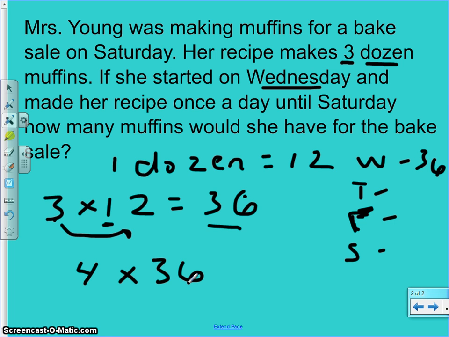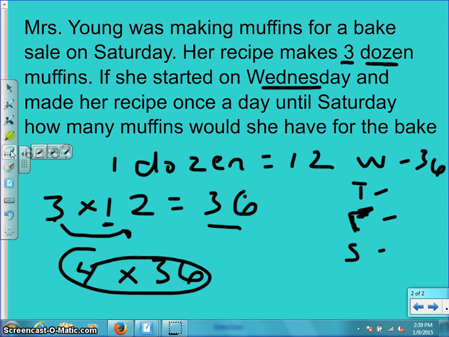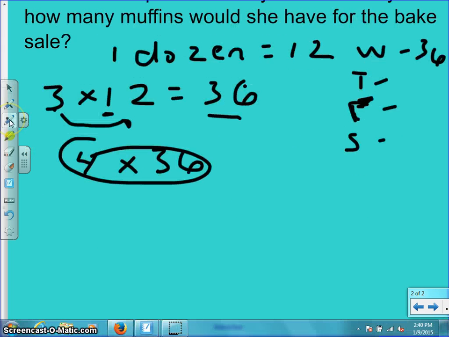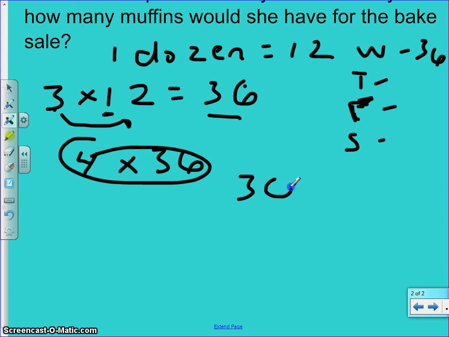I'm going to break up 36 to solve this. So far, I know I need to do 4 times 36, but I need some more room here. So I'm going to extend this page a little bit. Okay, there we go. So I'm going to break up 36 into, remember the distributive property, 30 plus 6, and I can do 30 times 4, and then I can do 6 times 4 to help me out.